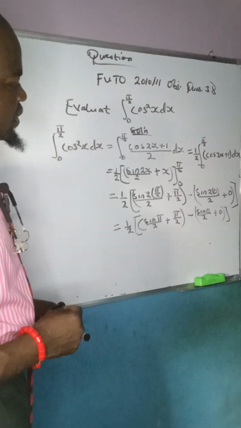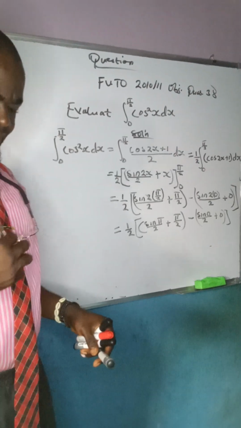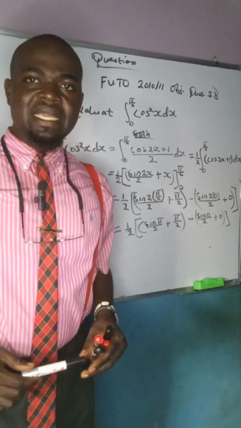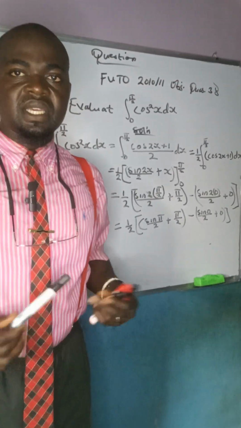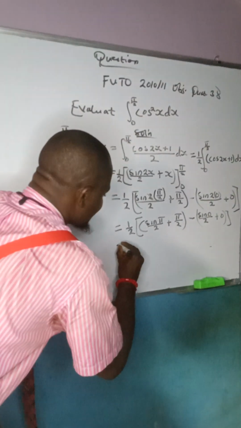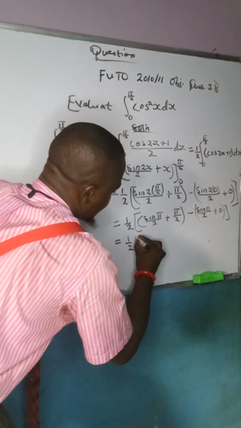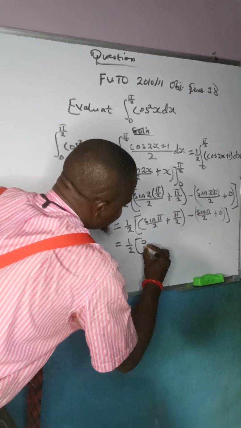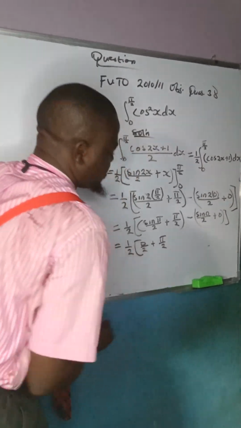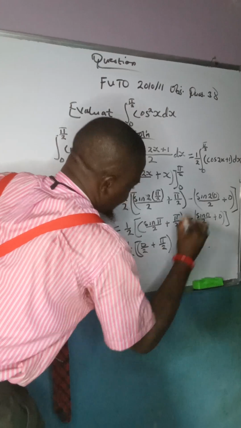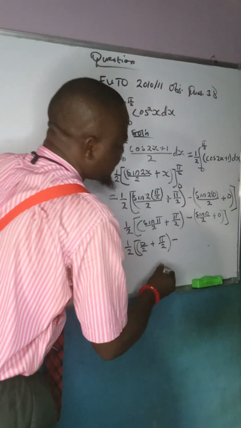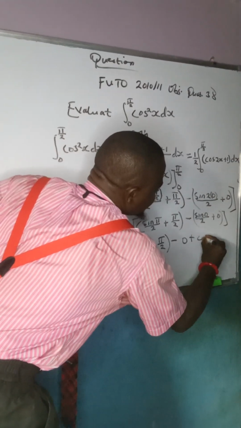Now, there's some beautiful thing here I want to do for us not to waste our time. Here, sine pi is the same thing as sine 180 degrees. And sine 180 degrees is 0. 0 divided by 2 is 0. So what I have here is equal to 1 over 2, I now have 0 over 2 plus pi over 2, minus sine 0 is 0, divided by 2 is 0, plus 0.